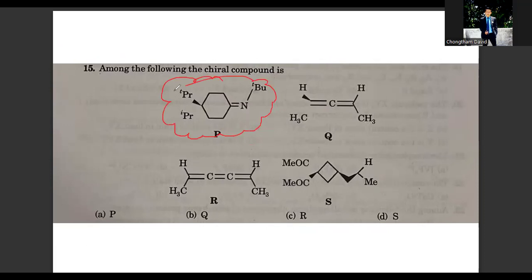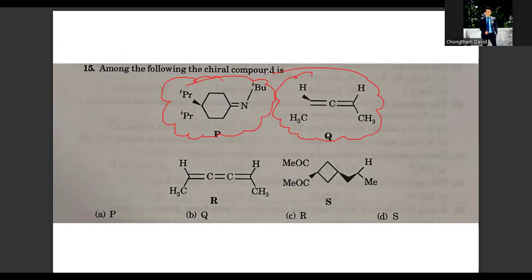The first compound, P. This is a nitrogen-containing compound having a six-membered ring with different alkyl substituents. However, due to symmetry and the lack of a chiral center, it is not chiral, it is achiral. The next compound, Q. Here, this compound features a double bond with different groups attached to each carbon, that is hydrogen, methyl and hydrogen.